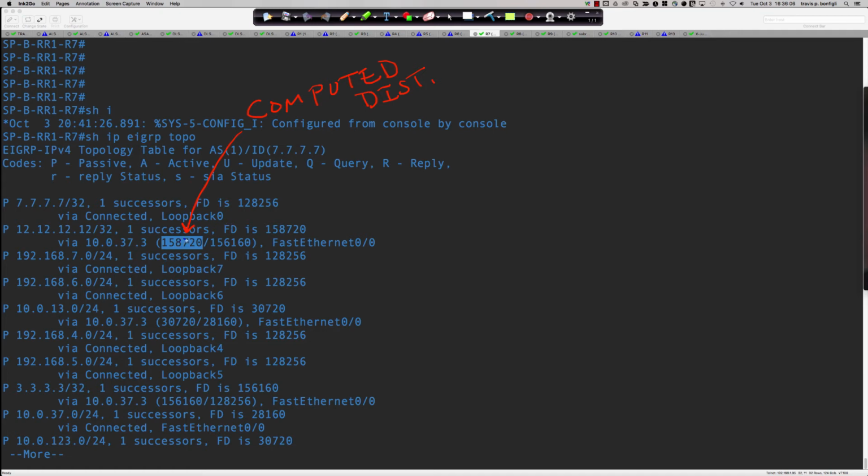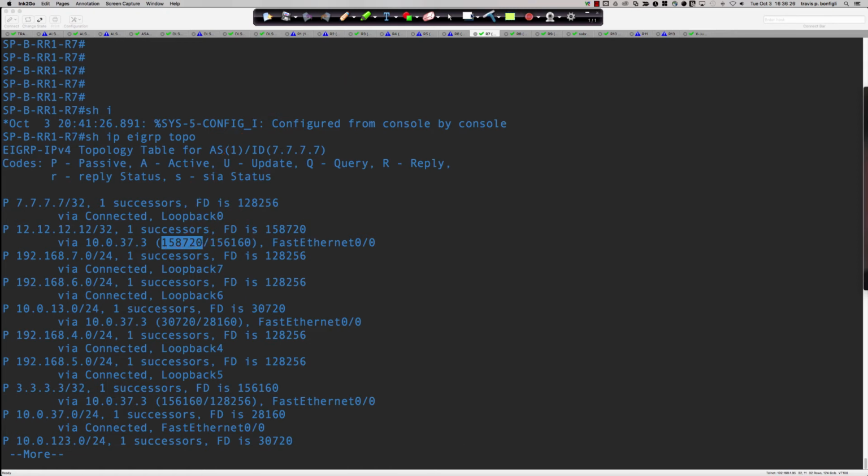What becomes so confusing for learners is they see that it says feasible distance here, right? And then they look and see that it's the exact same value as the feasible distance. So that is the feasible distance. It is not the feasible distance.